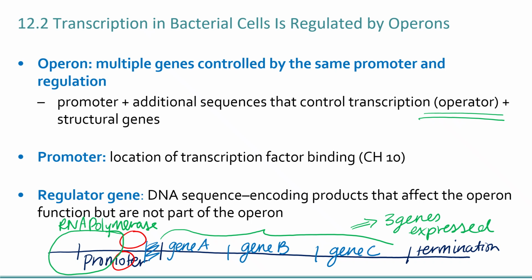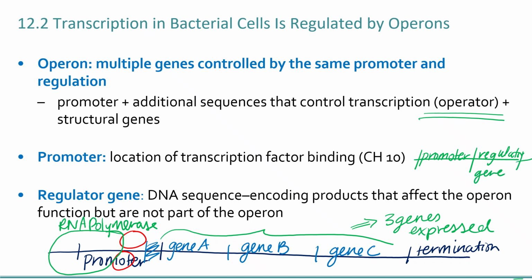Now remember, this is a DNA sequence that usually produces some sort of protein, and the regulator gene is often not part of the operon. So it's a secondary gene somewhere else in the genome with its own promoter and its own region that is the regulator gene. And I've run out of room for my terminator, but it's there.